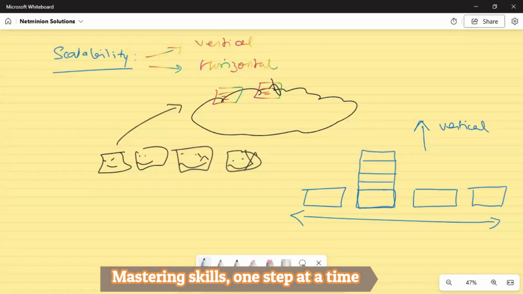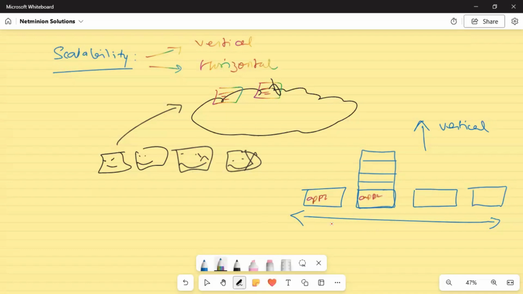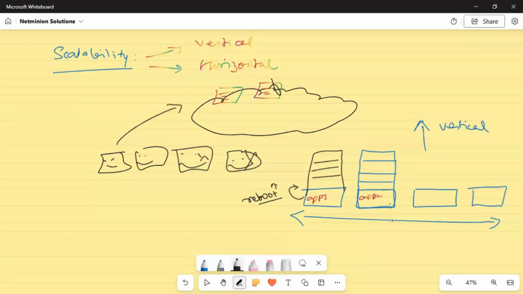Let us say you have two apps, app one and app two, and for both you are doing vertical scaling. App two is designed such that if there is some change in the CPU, it requires a reboot. Then for sure you need to have a downtime. But app one is not like that; it will just adjust to the resources once you change them. You don't require any reboot.